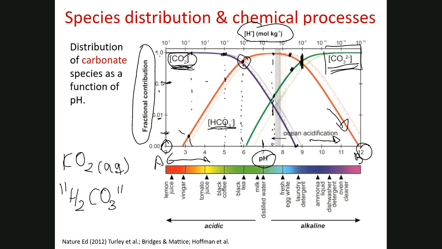So if you take a pH meter and go to a water body and measure the pH, and you know that the pH is, let's say, 12, then you will know that all the carbon in that water body will be in the form of carbonate species. If, for example, you measure a pH of 7, you will know that you have 3 different species of carbon in that water body.